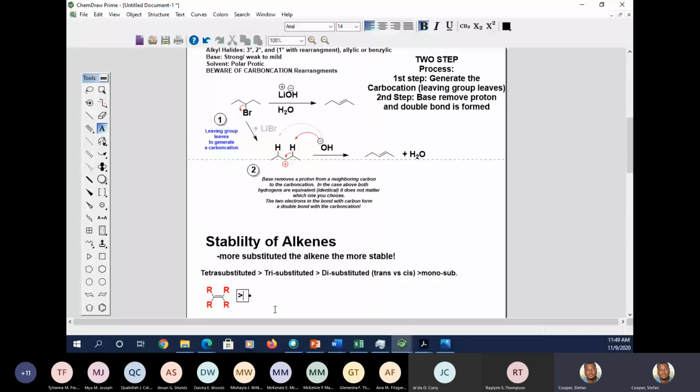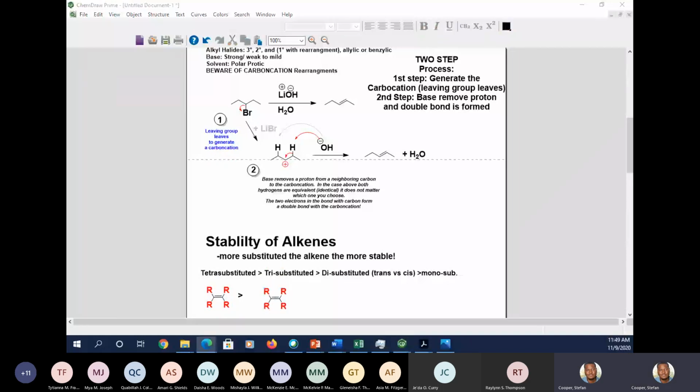Okay, next is that I have a double bond that only has 3 groups attached.